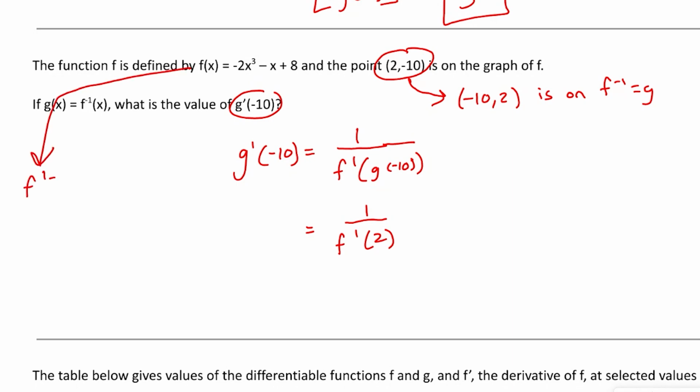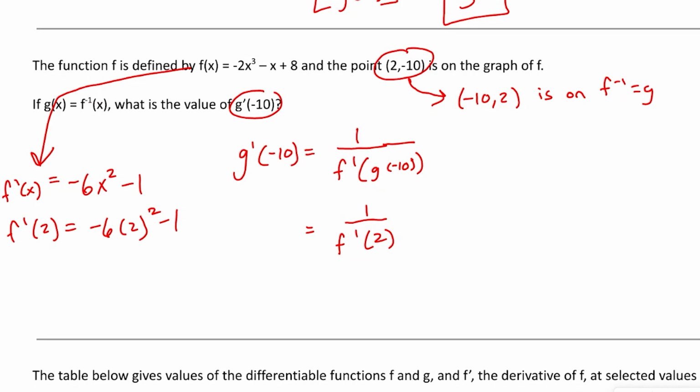So f prime, using the power rule, would be -6x squared minus 1. Okay, now we can evaluate that at 2. So f prime of 2 would be -6 times 2 squared minus 1.